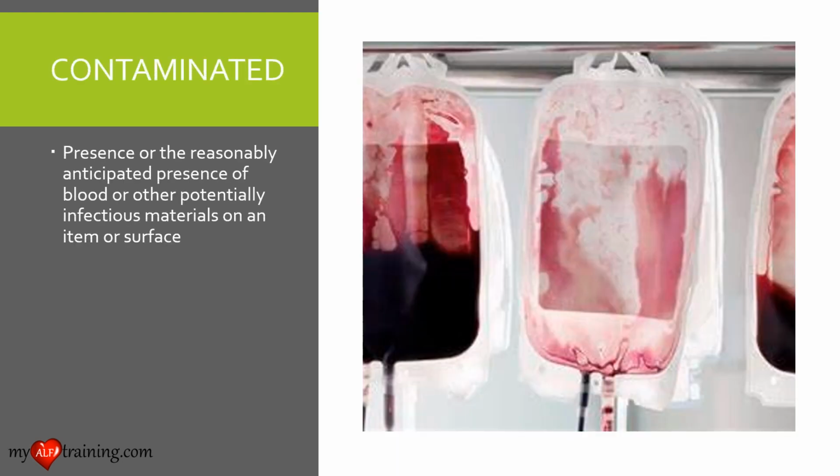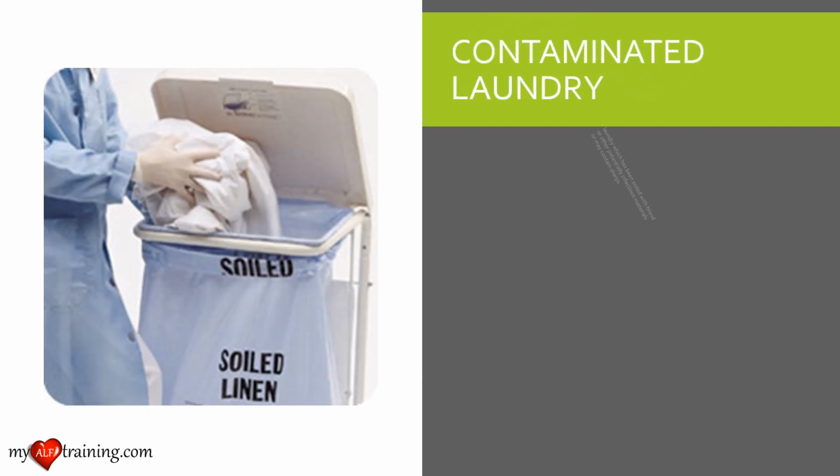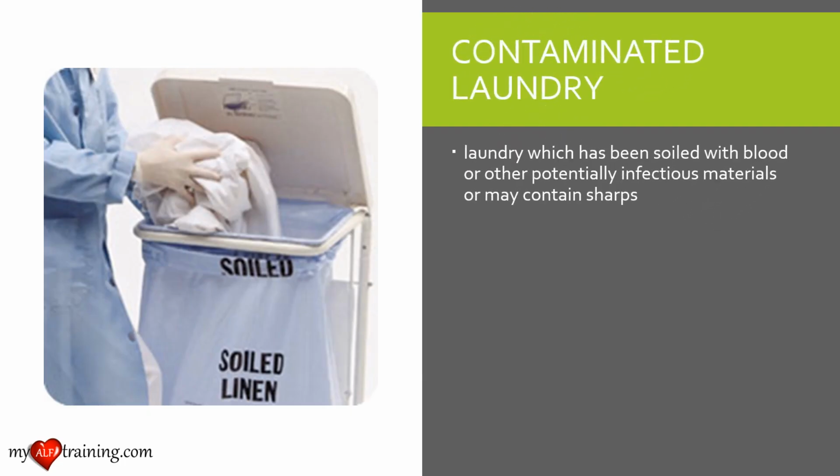Contaminated. This is the presence or the reasonably anticipated presence of blood or other potentially infectious materials on an item or surface. Contaminated laundry. This is laundry which has been soiled with blood or other potentially infectious materials or may contain sharps.